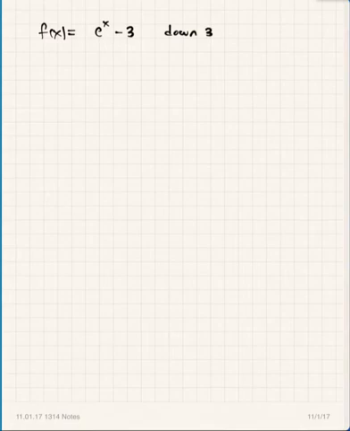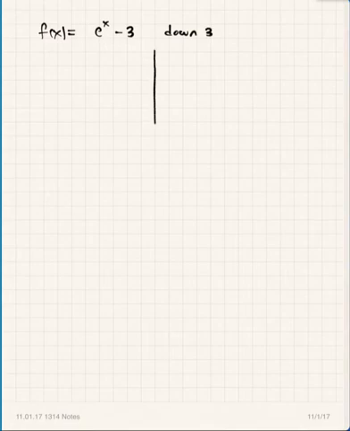All right, so if we have f of x equals e to the x minus 3, then that function will be the graph of e to the x, but shifted down 3. All right, that minus 3 will shift the graph down 3 units.